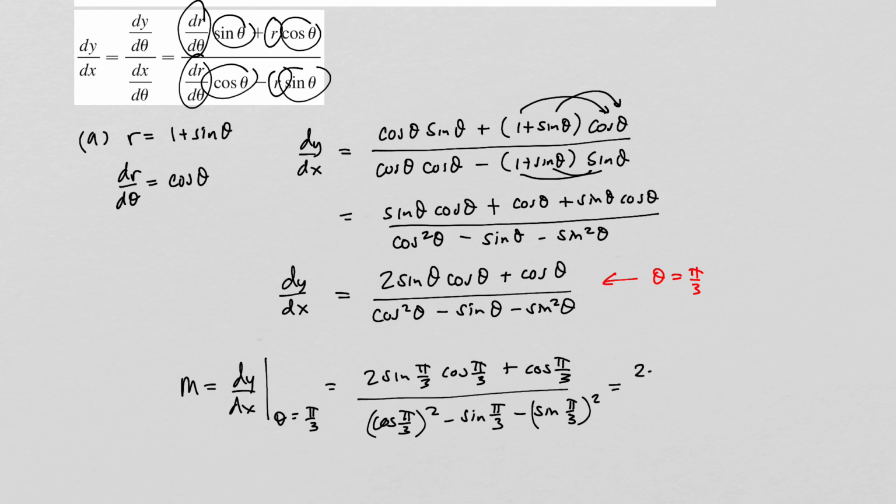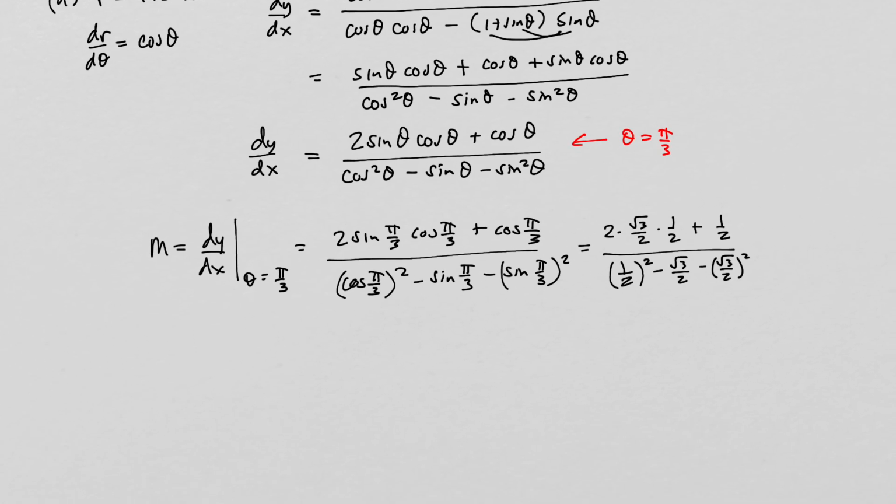This is 2 times the sine of pi over 3, which is the square root of 3 over 2. Cosine of pi over 3 is 1/2, plus cosine of pi over 3 is 1/2 again. Cosine of pi over 3 is 1/2 again, and that is squared, minus the square root of 3 over 2, minus the square root of 3 over 2 quantity squared. Now if we simplify this, we can do some canceling here. The 2's cancel.